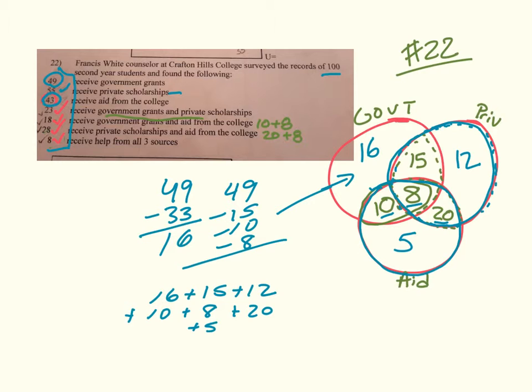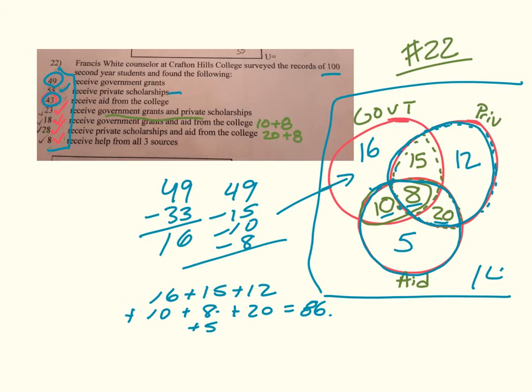We've got 10, 20, 30, 41, 42, 43, 53, 61, 71, 81, 86, which means the remaining 14 would be part of our universal set, which we could put out here.